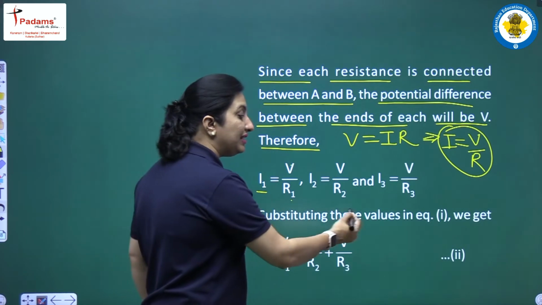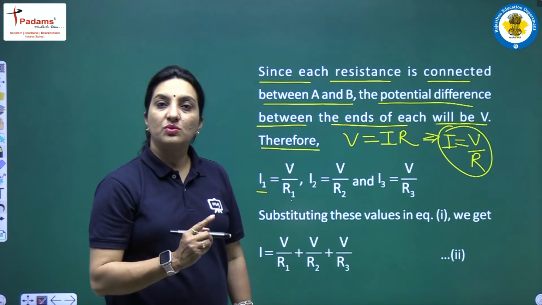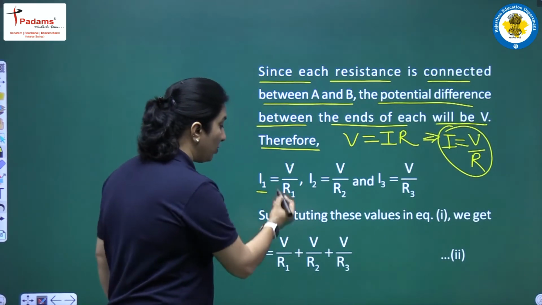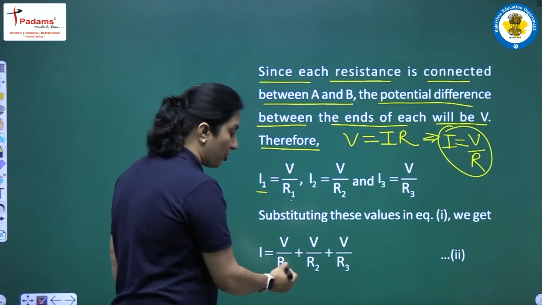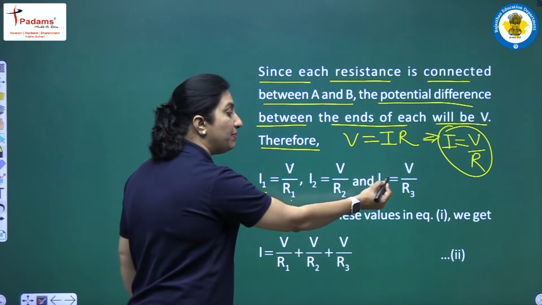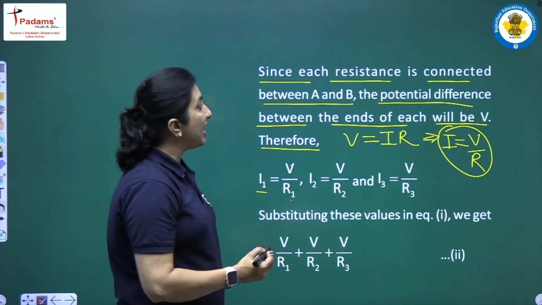Now substituting these values in equation 1. What was equation 1? I is equal to I1 plus I2 plus I3. So I is equal to V upon R1, plus V upon R2, plus V upon R3. This is equation 2.